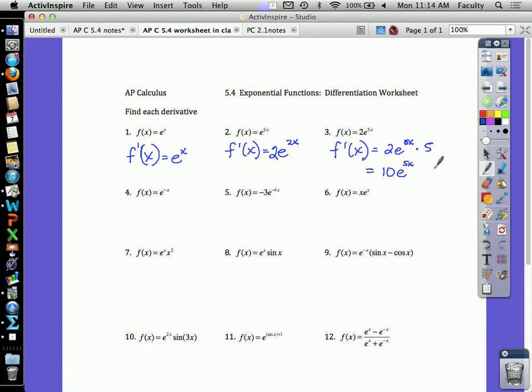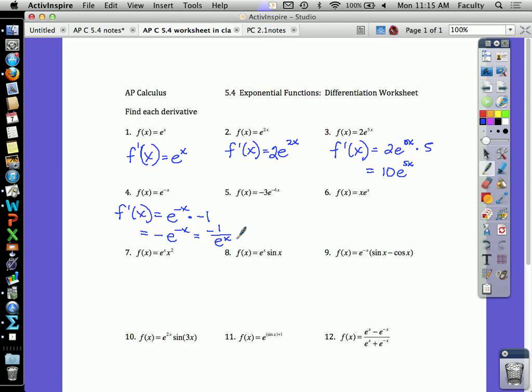In number 4, I have f of x equals e to the negative x. So f prime of x is e to the negative x times the derivative of that exponent. So that's negative e to the negative x, and then what should we do with that? Good job. So we're not going to leave a negative exponent typically. So then that would be negative 1 over e to the x.